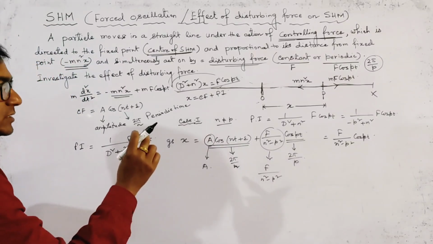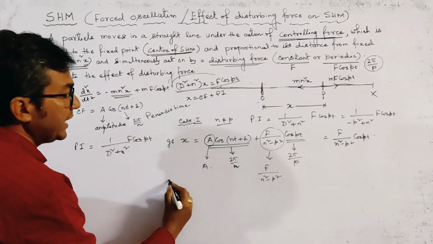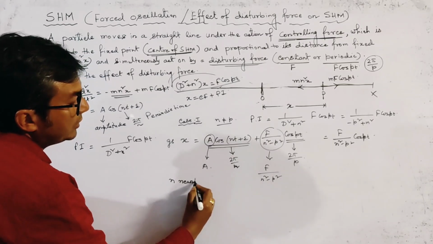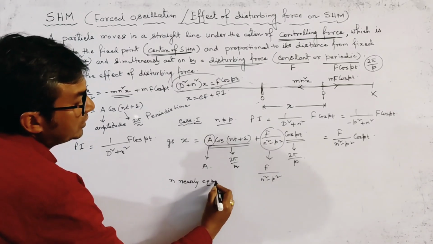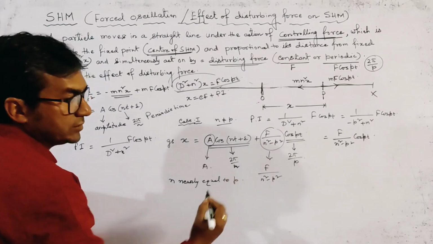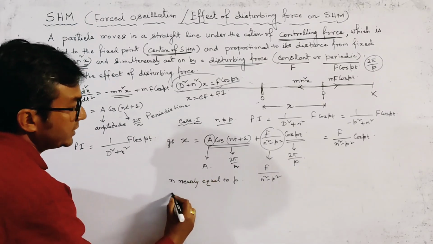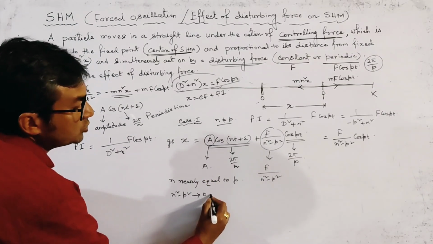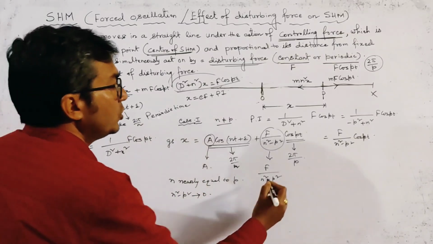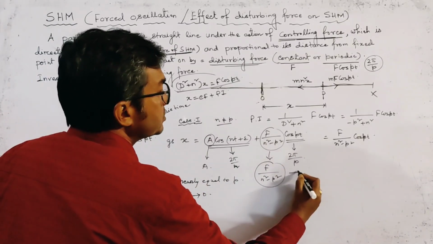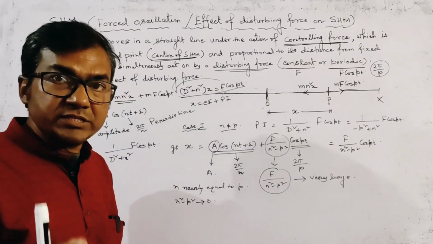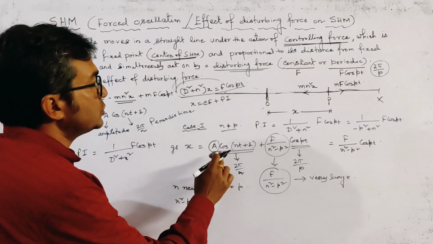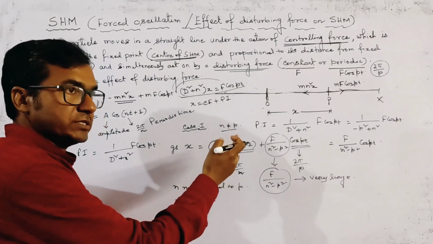Okay, and now if n is nearly equal to p, then n square minus p square tends to 0. Okay, so this amplitude becomes very large. In this case, the first oscillation is also known as free oscillation.